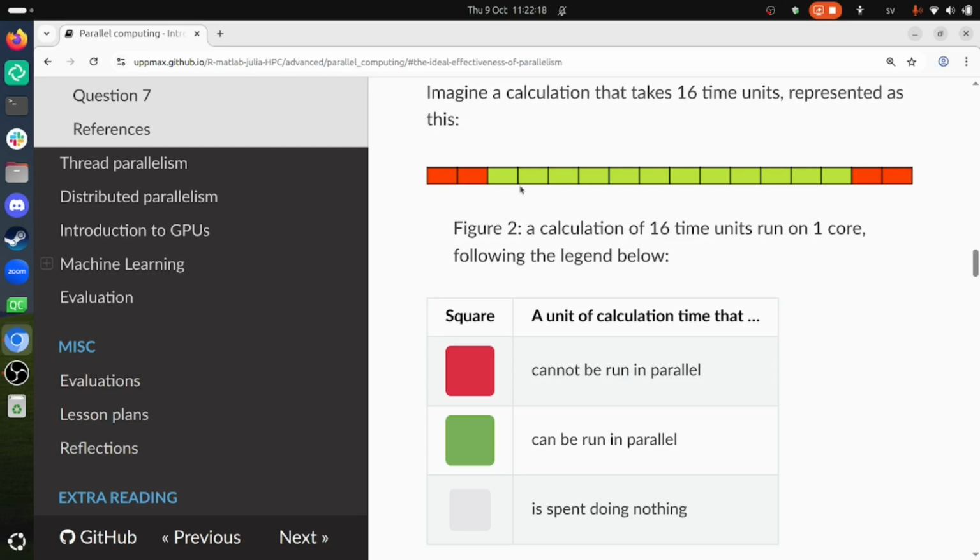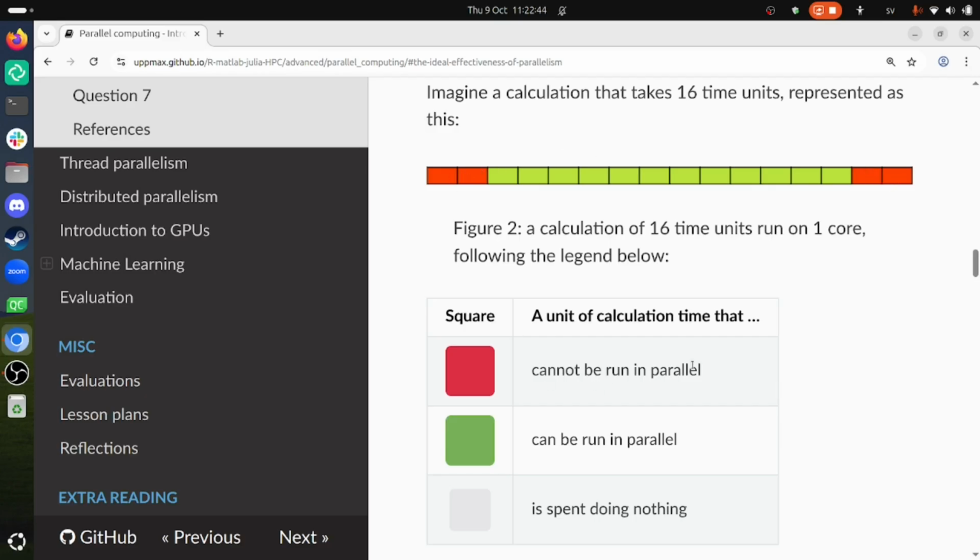But there's a green section that we can parallelize. How exactly it goes is beyond this talk, but we're going to assume we can parallelize it. In my next session we're actually going to do it and see how it looks, but here we're going to go through the theoretical aspect of it. Of these 16 time units, we see that 4 of them cannot be run in parallel.